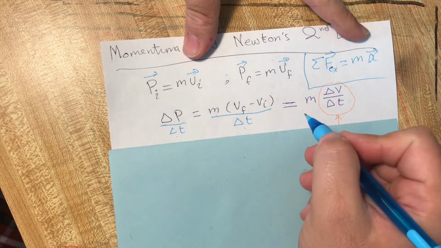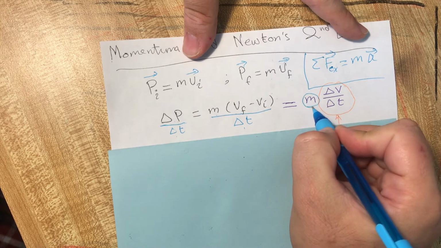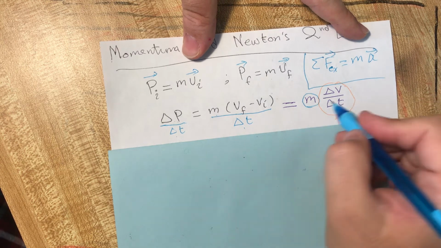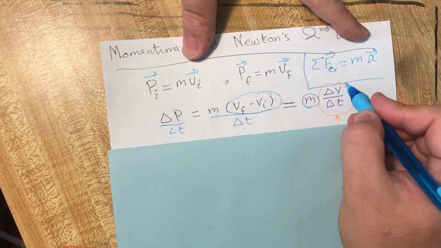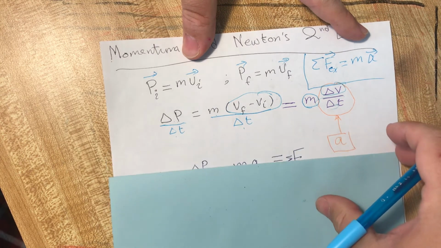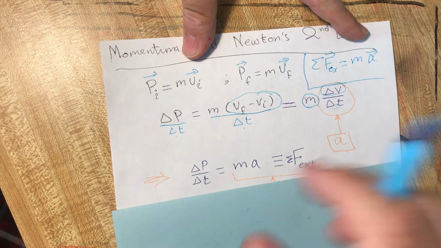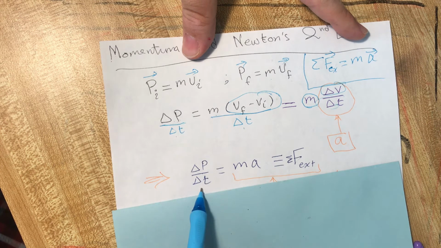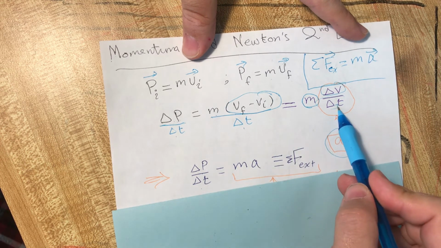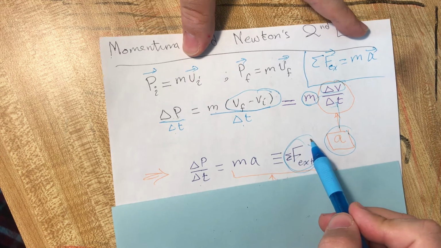When we order the terms, it is equal to the mass, which is constant with respect to time, multiplied by delta v over delta t. What is this value, delta v over delta t? We know that it is the acceleration. So the change in momentum with respect to time is equal to the mass multiplied by the acceleration. This is the force, the external forces on that body.